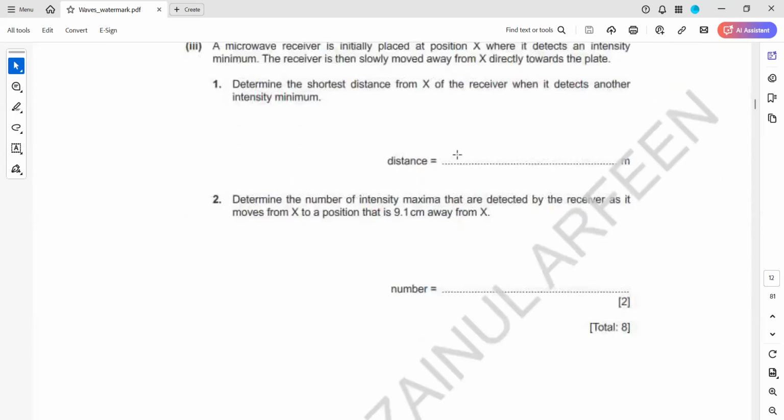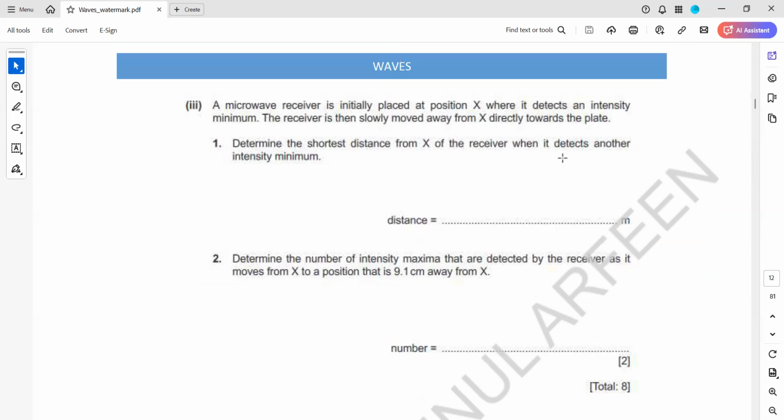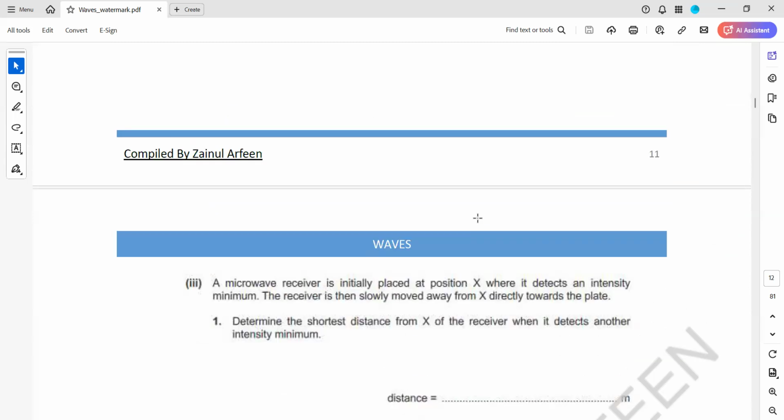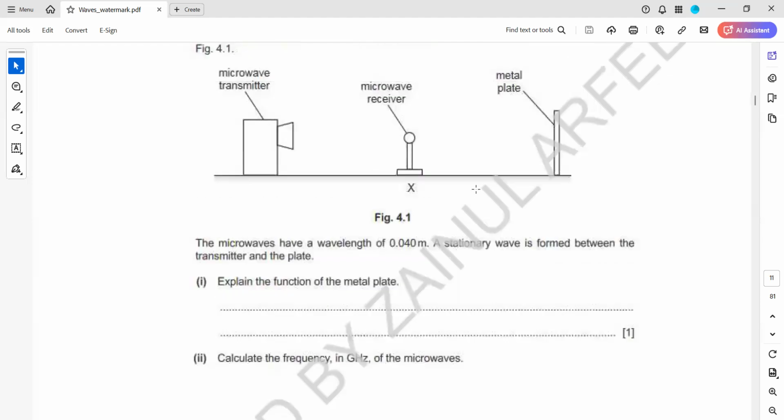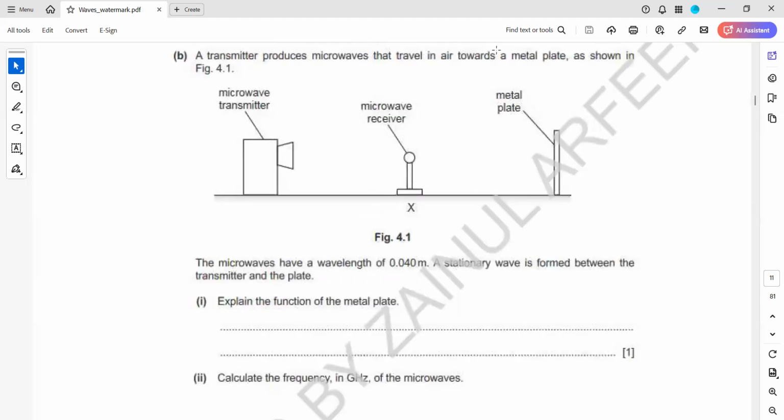Determine the number of intensity maxima that can be detected as it moves from X to a position 9.1 centimeter away. So the distance between the maxima or the minima will be the same, 0.02. So how many are possible here?